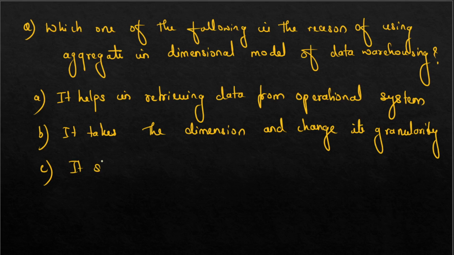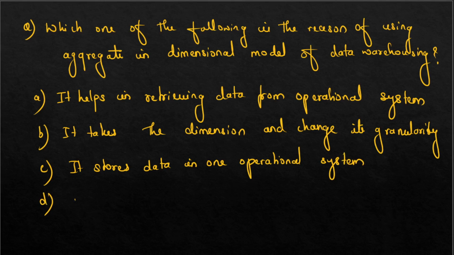C is it stores data in one operational system. Okay, and D is all of these. So answer this everyone, which is correct according to you all.